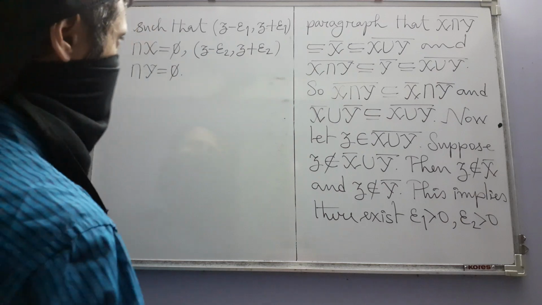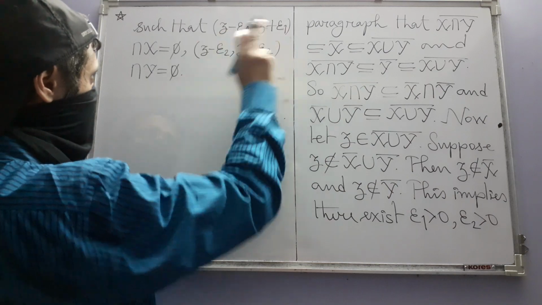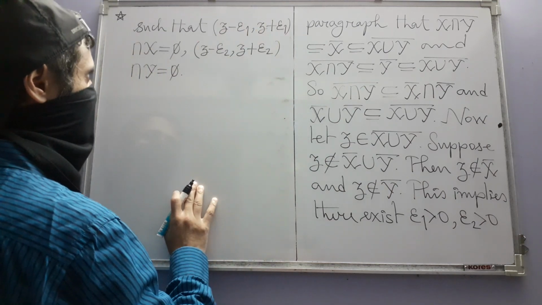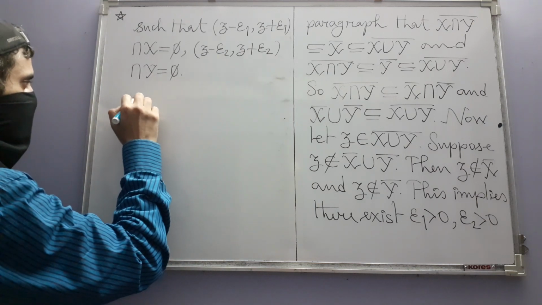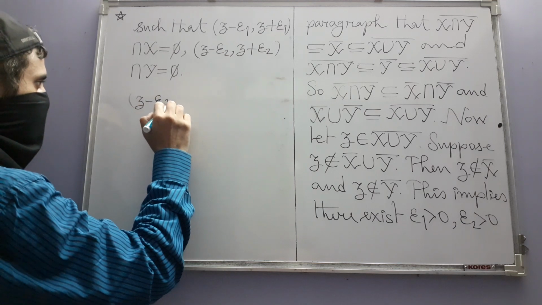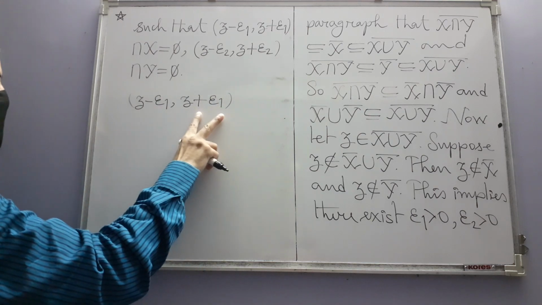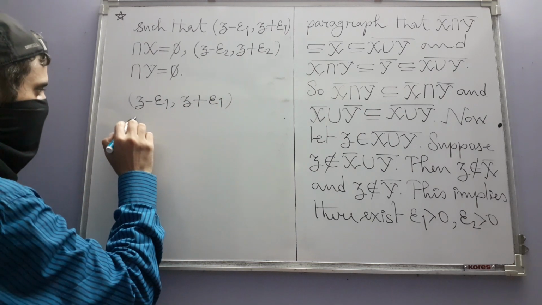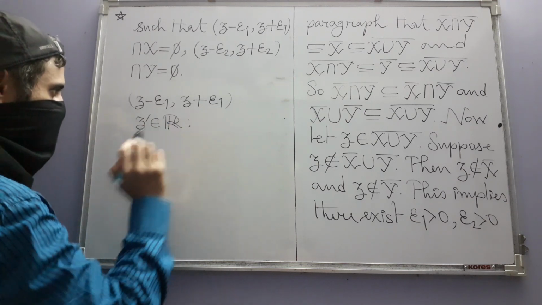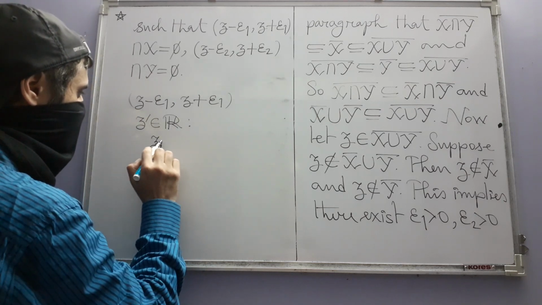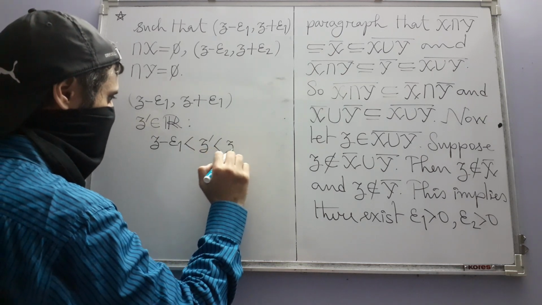Why though? You see, this open interval in R represents what actually? If you just think about it, it is by definition the set of all real numbers z prime such that these inequalities are true, right?